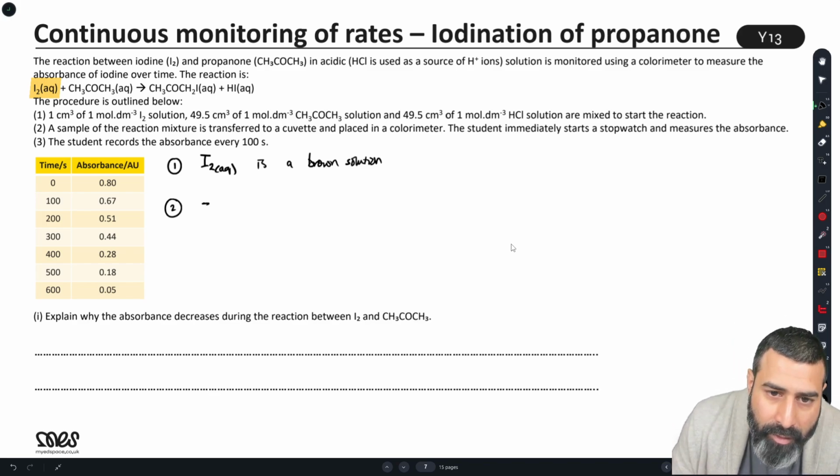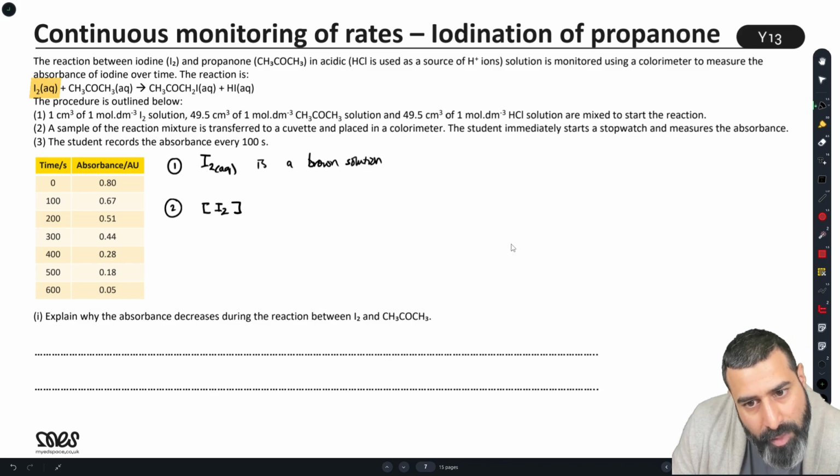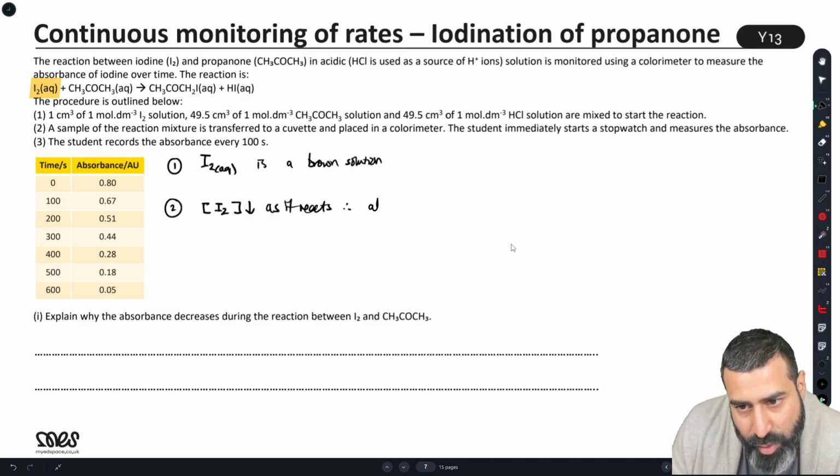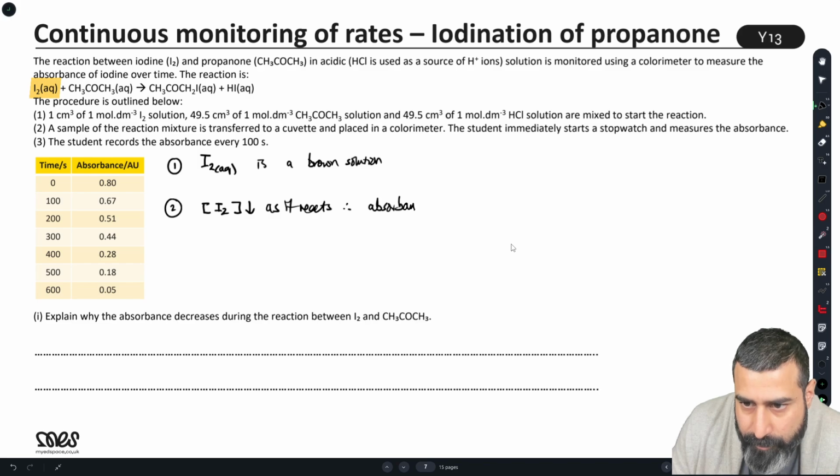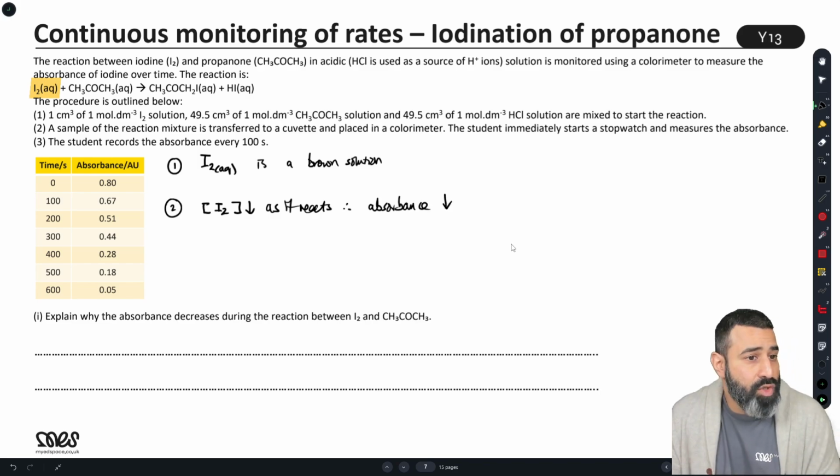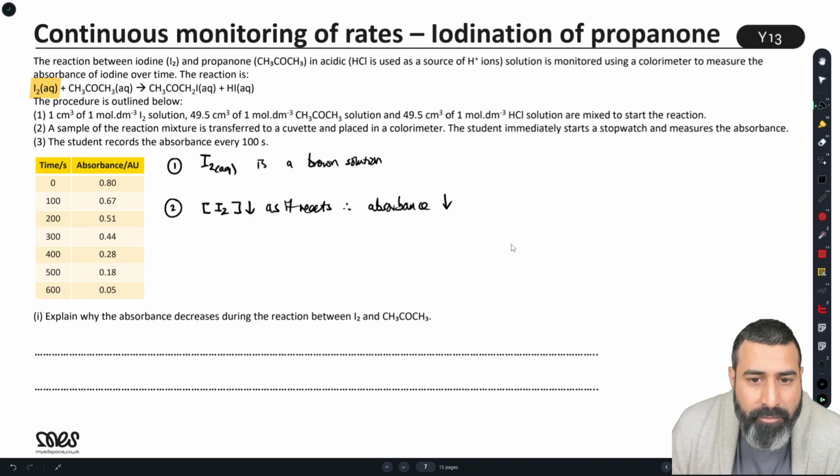So the concentration of I2 decreases as it reacts, therefore the absorbance decreases too. And remember that the concentration is proportional to the absorbance.